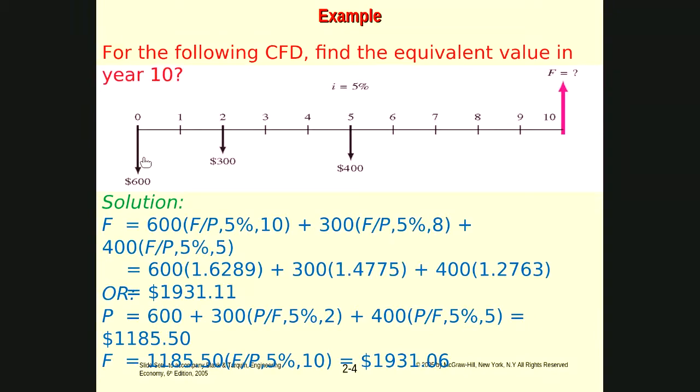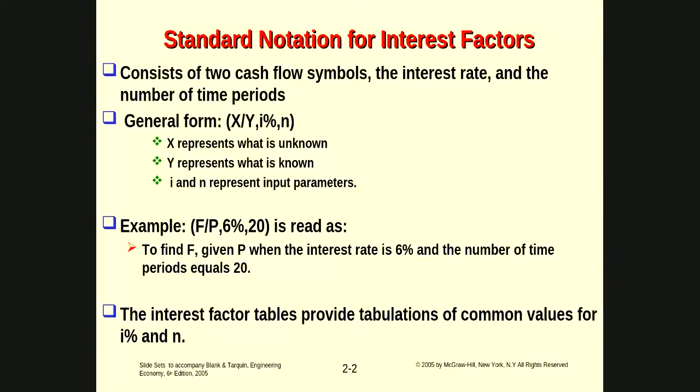Now, the 600 is known, it is present, and the requested value, as shown in the cash flow, is the future. The formulation says you start with the thing that you don't know, then you put a slash, and then you write the thing that you know.